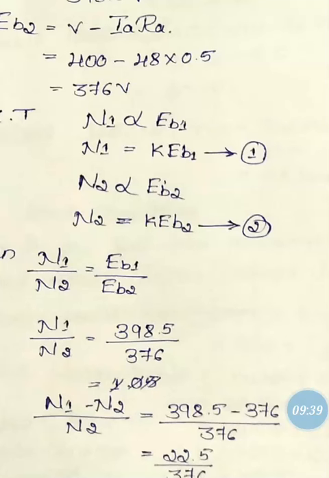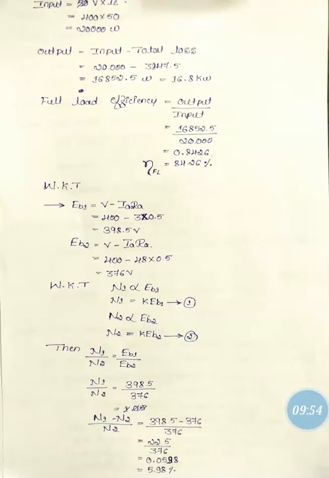The difference is 22.5, divided by 376. Finally we get the percentage change in the speed from no load to full load, that is 5.98%.